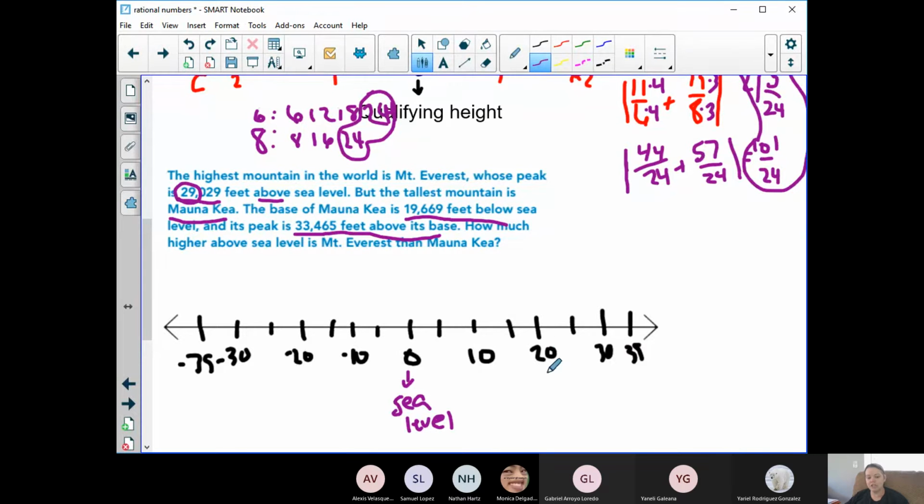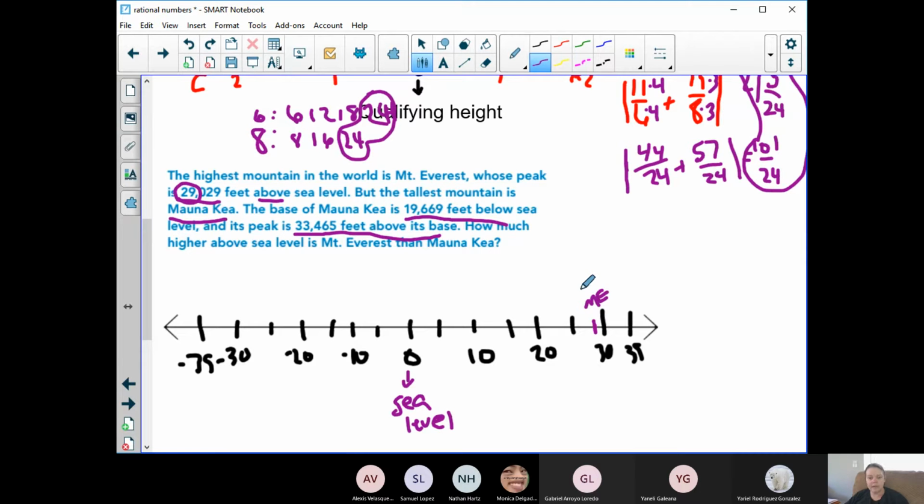So 20 is actually 20,000, 30 is 30,000. So we know 29,029 feet above is going to be over here close to the 30. I'm going to put ME for Mount Everest.